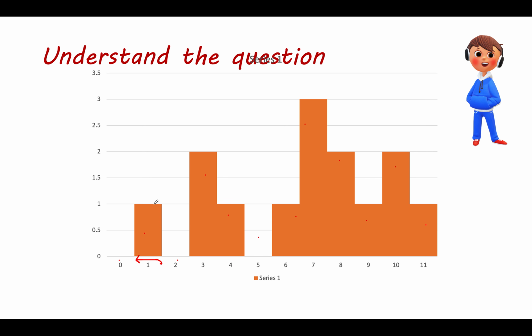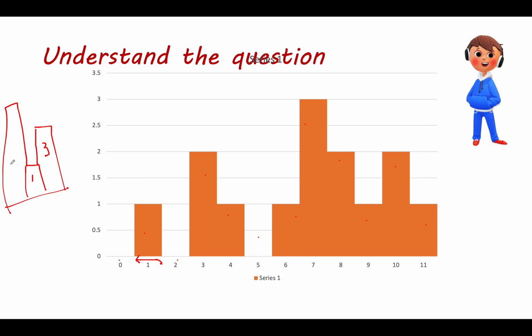What comes obvious to everybody's mind is that water will be trapped when there is a particular building or bar, and you have two different bars on its right and left that are of higher height. So let's hypothetically assume that we have a bar whose height is 1, with a bar of height 3 on its right and another bar of height 5 on its left.